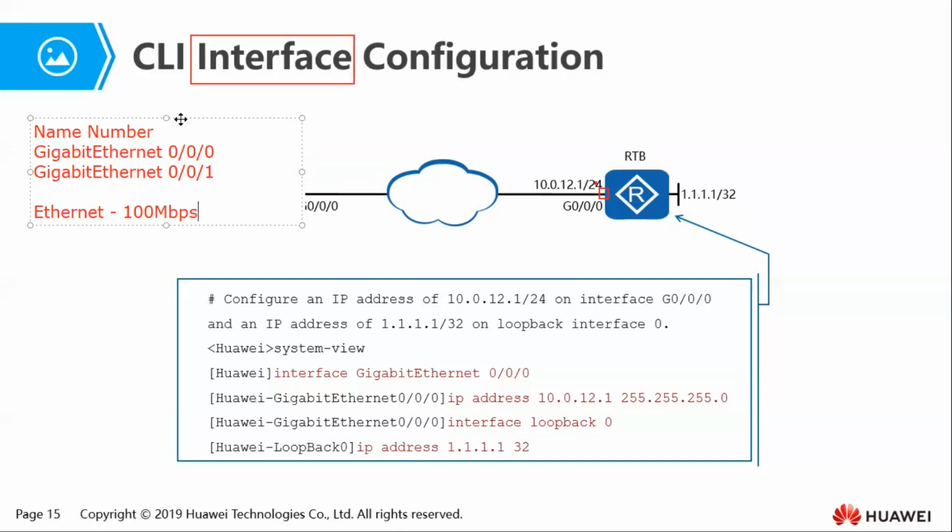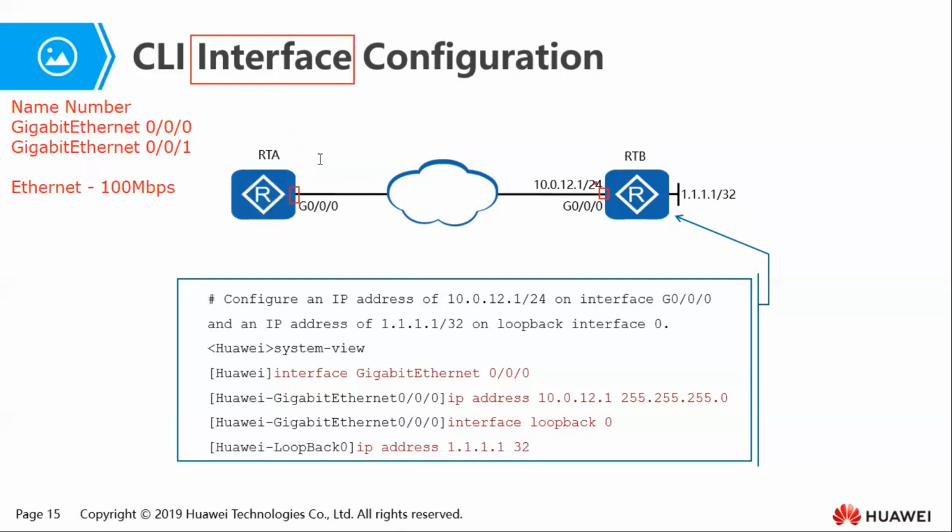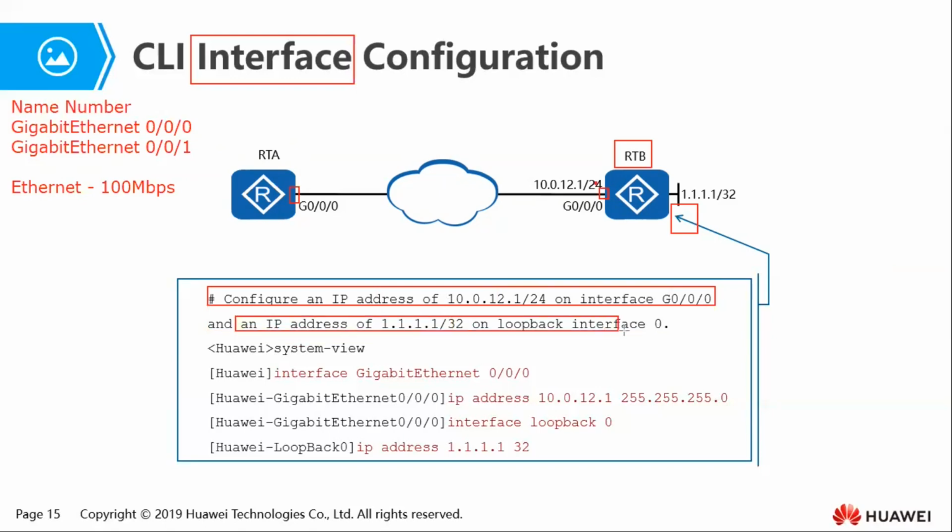So how do we configure an interface? Here we are in router B. What we want to do is configure an IP address on the interface G0/0/0 and also an IP address on the loopback interface. We're going to see what a loopback interface is.